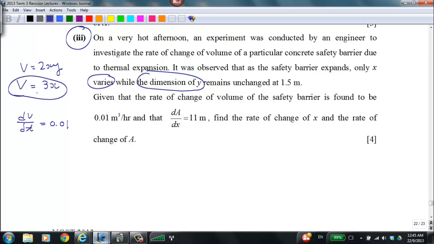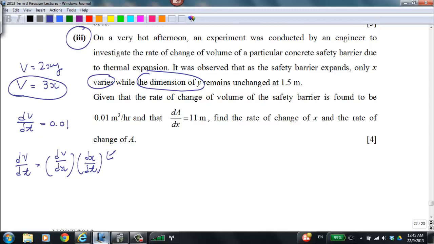So in order to find the rate of change of x, I can link up all the information I have right now. I have dV/dt. I can link it up using this, with dx/dt as my target.